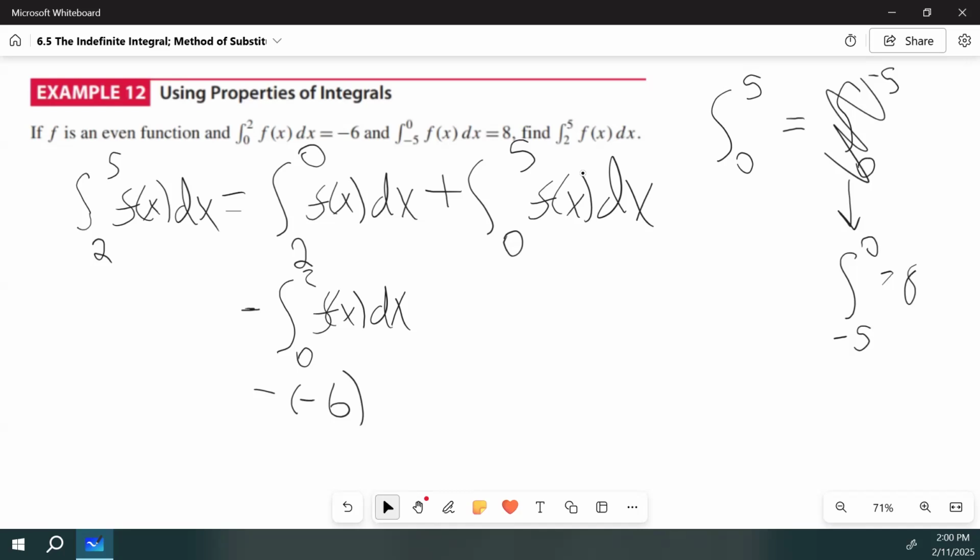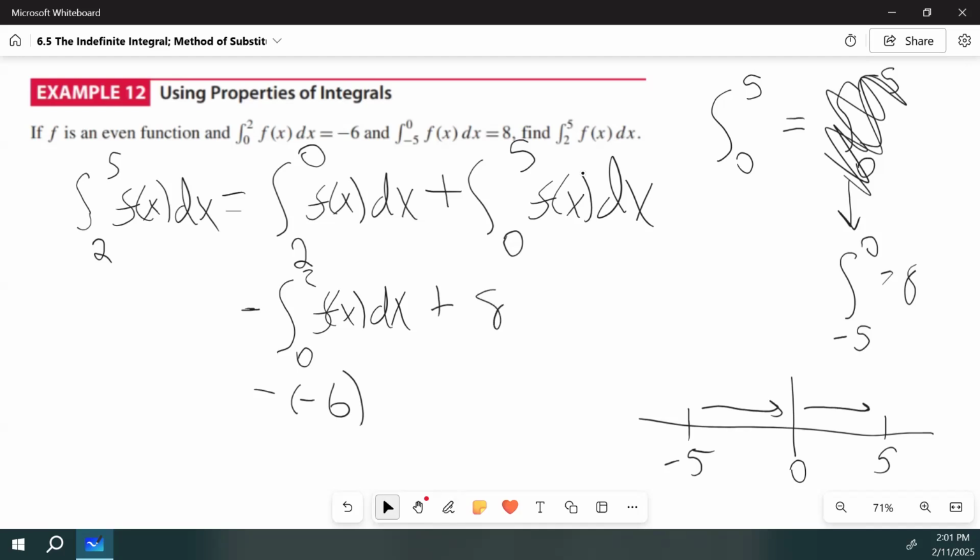It's going to be equal to 8. Limits are not switched because it's an even interval. So if you go from 0 to 5, that's the same as going from -5 to 0. Okay? So that's going to be 8. So you have 6 plus 8. Our answer would be 14.